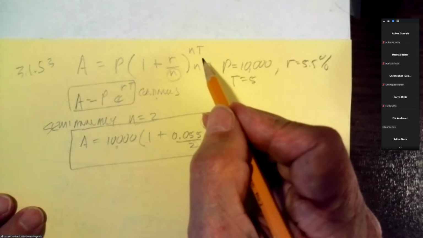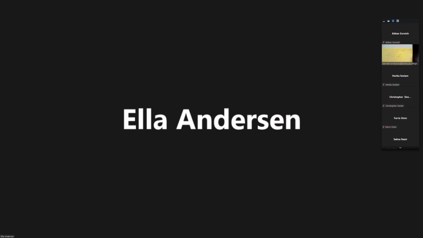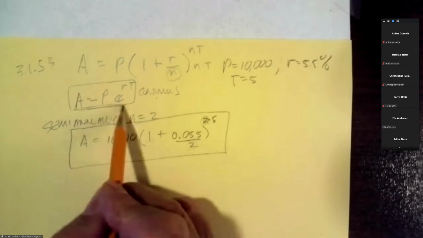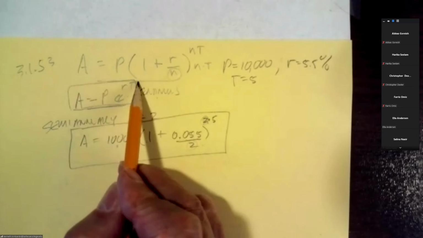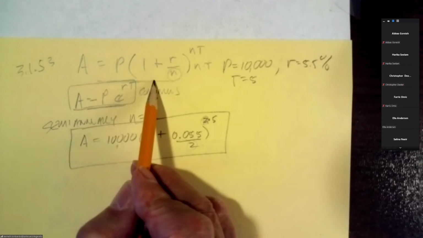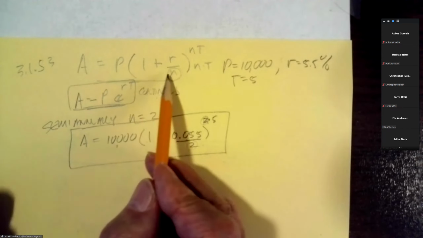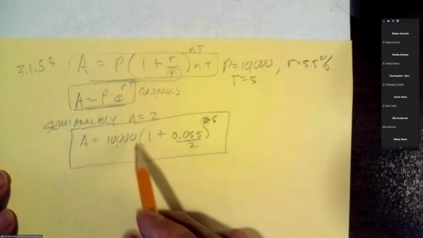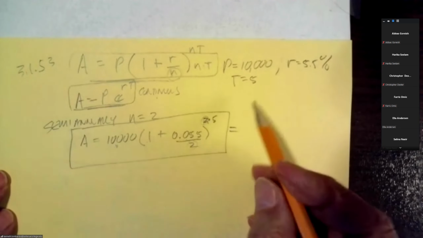Okay, so for A through C, you'd use the longer one, and the shorter one would be B. Yeah, continuous would be this one. Okay, cool. And for a specific number of years and a number of periods per year, we would use this one here. Awesome.